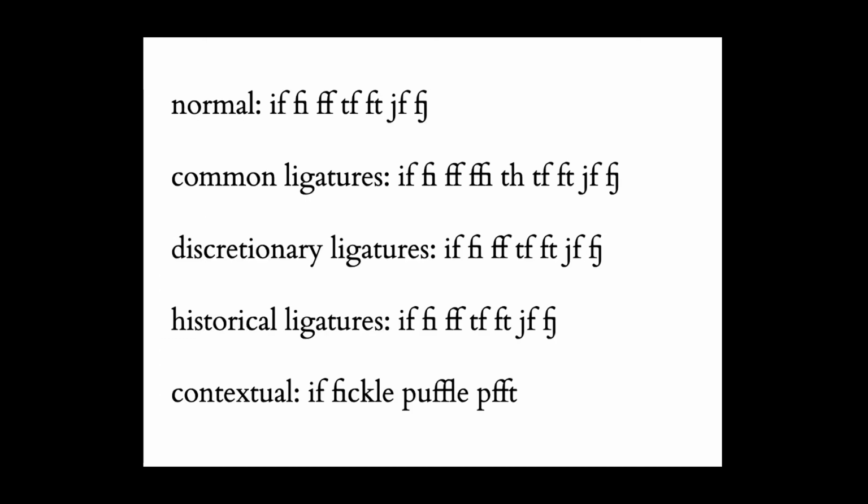For the ligatures, we are looking at some common combinations of letters that form ligatures. So you can see the FI, FF, TF, FT, and FJ form a single shape.